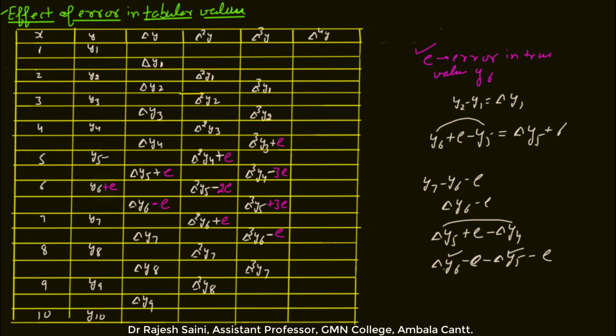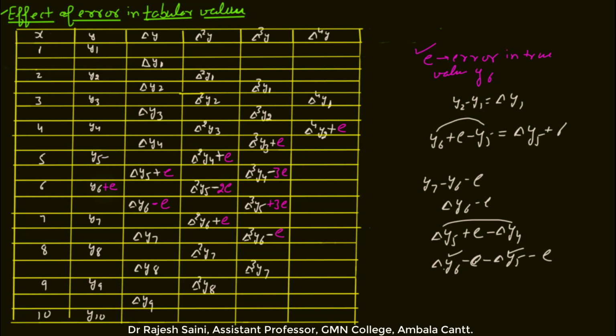So this will be delta 4 y1, and this will be delta cube y3 minus this will be delta 4 y2 plus e, and this will be delta 4 y cube and it will become minus 4e.